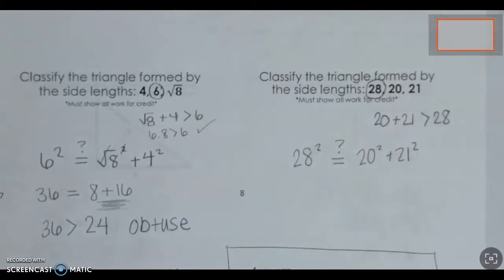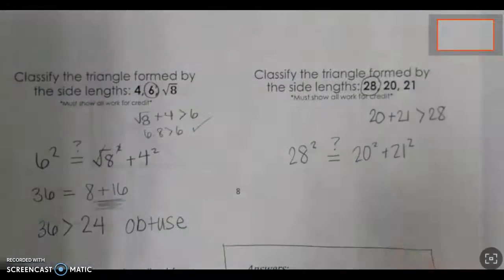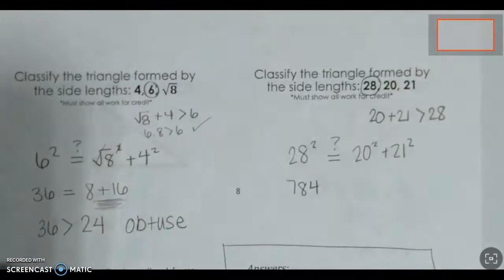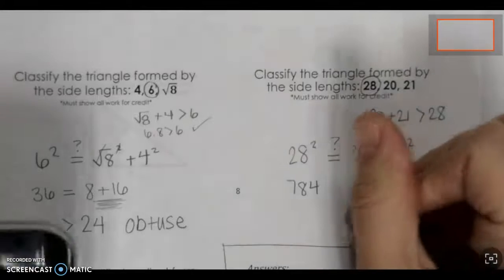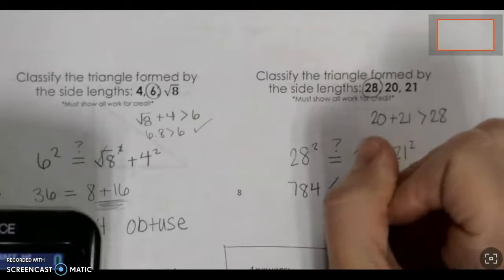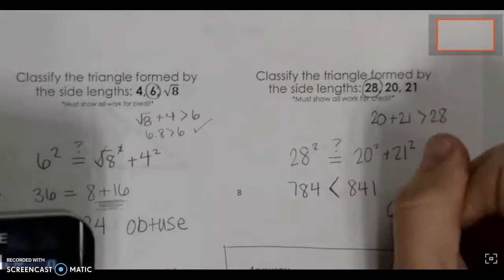Okay, grab our calculators. 28 squared, that's a big number. 28 squared, 784. And then 20 squared plus 21 squared is 841. Since my c squared is smaller, that's my acute.